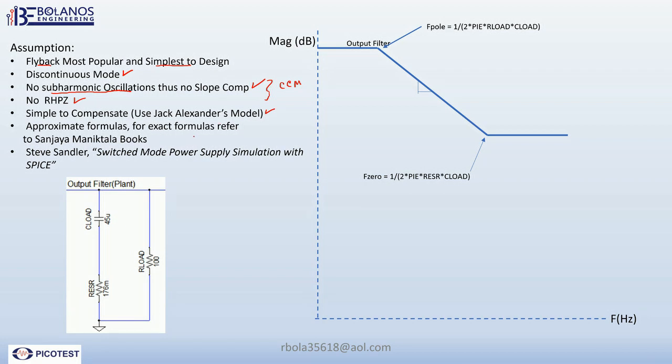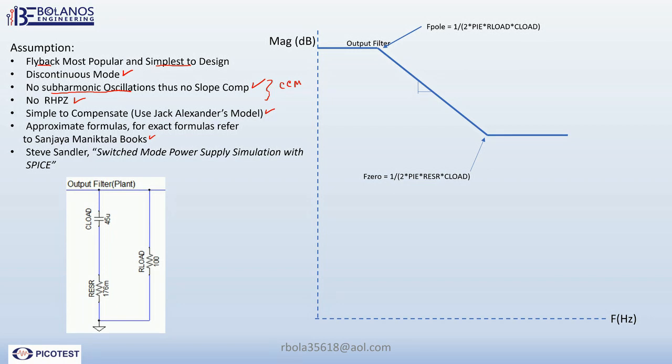I will be using approximate formulas, but if you would like to use the exact formulas, I would refer you to the Sanjaya Maniktala book, which is a very good book. Another book that I would recommend is Steve Sandler's Switch Mode Power Supply Simulation with Spice, which is another good book.